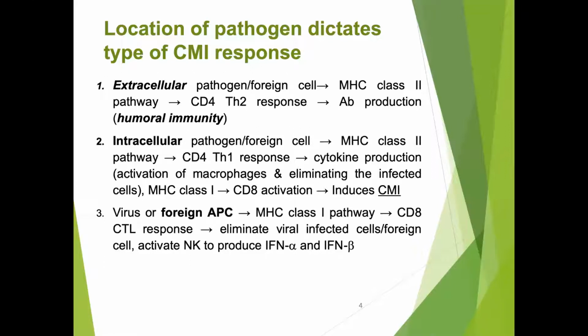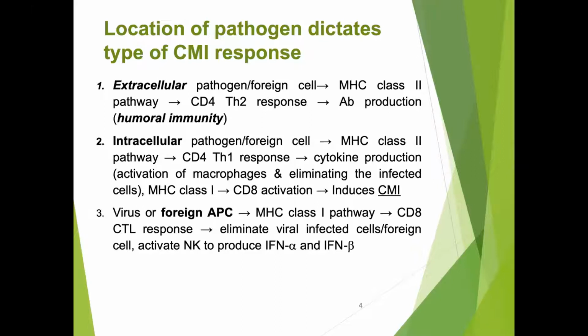And this is what we talked about when you start producing the cytokines that activate other immune cells. And there is also MHC class 1, which is present on all nucleated cells, and it has the capacity to be recognized by CD8 positive T cells.